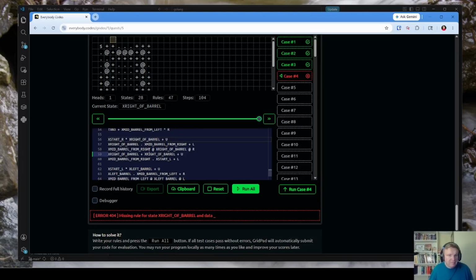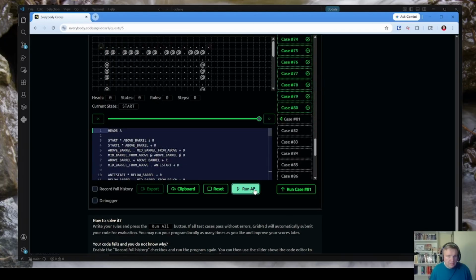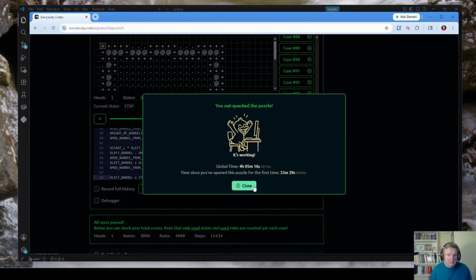So we need an X right of barrel that can take the plus 1. Okay.